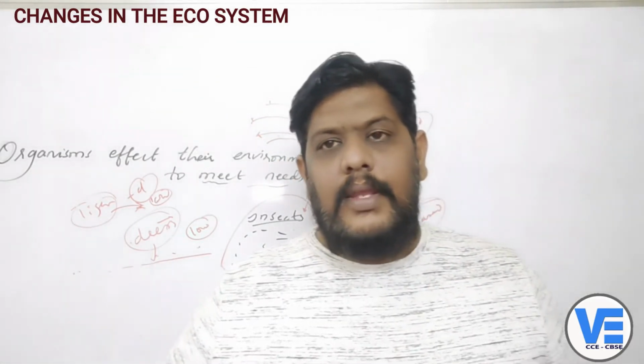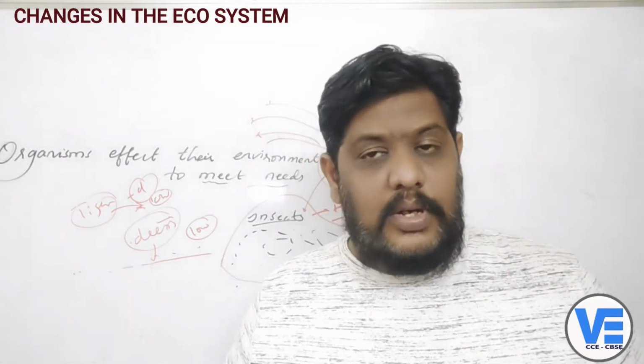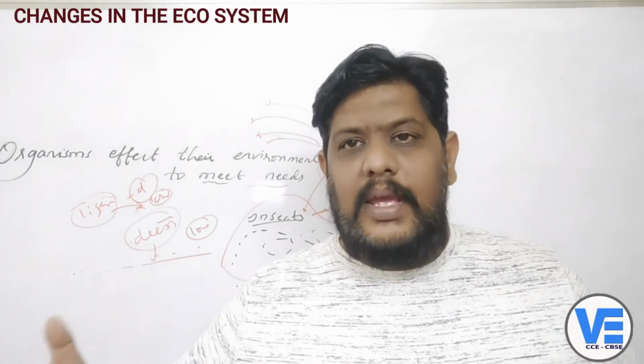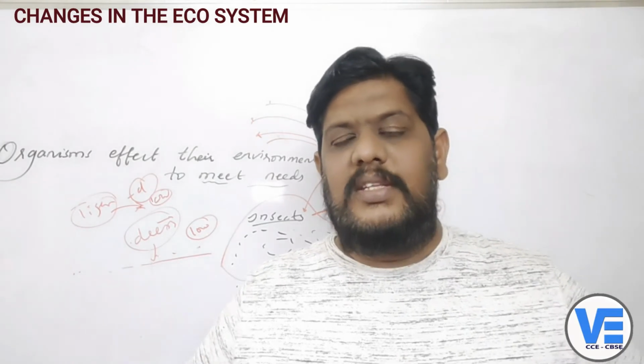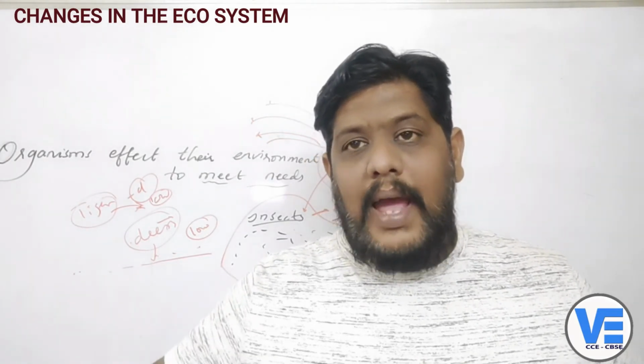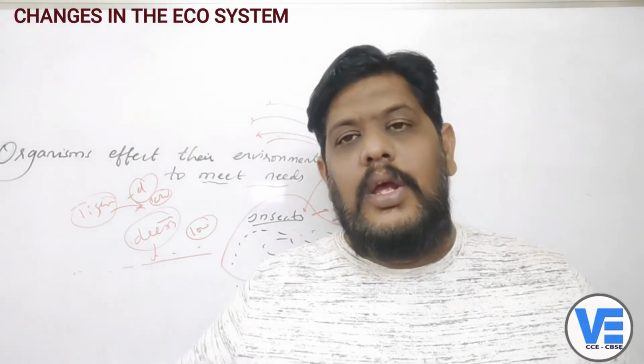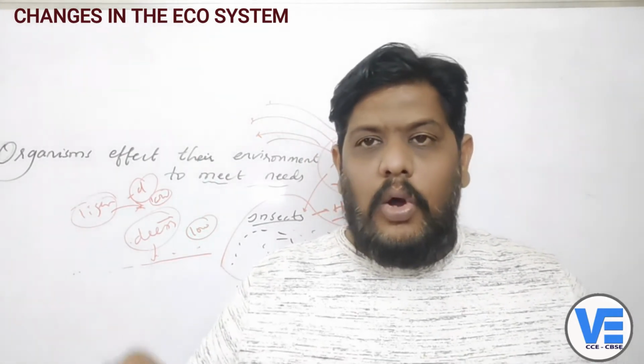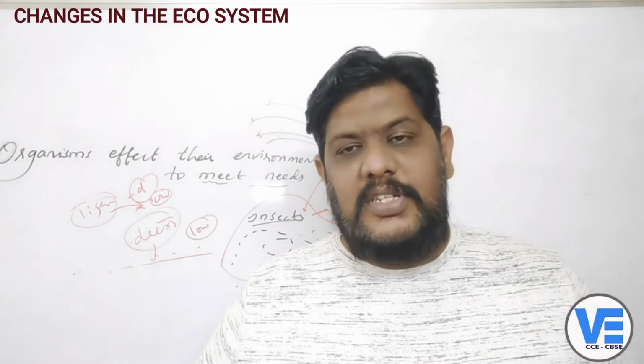Not only natural calamities like powerful storms, earthquakes or tsunamis bring change in the ecosystem, but now man has also become one of the reasons for change in the ecosystem. He is becoming very selfish day by day.